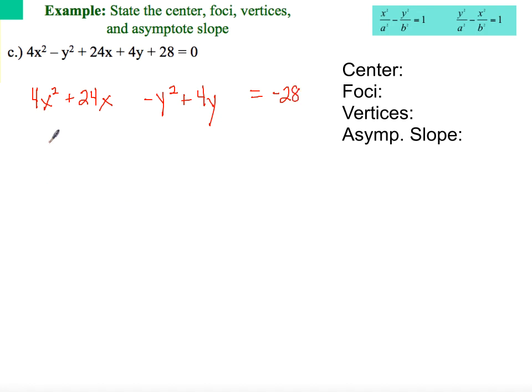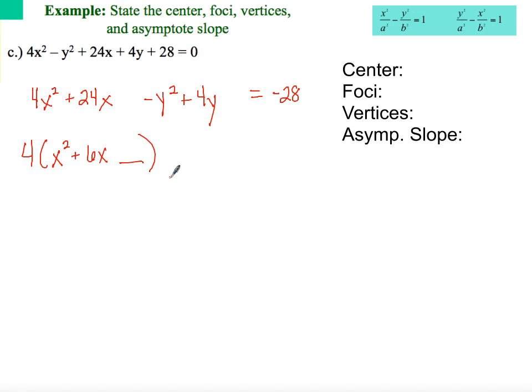Now, in completing the square, we want a positive 1 as our leading coefficient. So in my first grouping of the x, I'm going to factor out a 4. That's going to leave me with x squared plus 6x, as you've seen me do so far. We're going to leave a little space because I know I'm going to need to add something there. For the y's, a common error is for people to say, I don't need to factor anything out of there. Looks like I already see a 1 in front of the y squared.